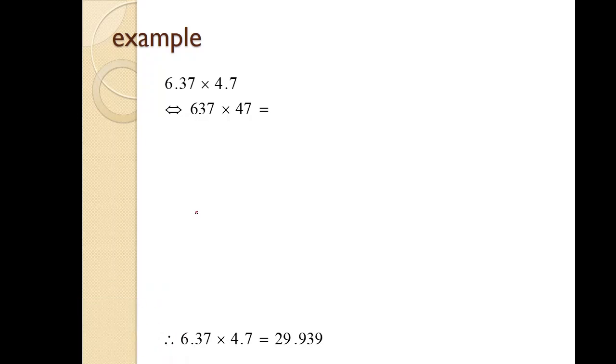You can just say this is equal to 637 multiplied by 47. Now to use this method, you multiply the top digits by the bottom digits one by one.